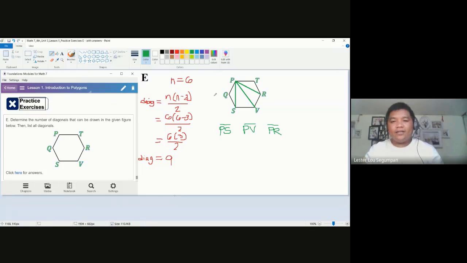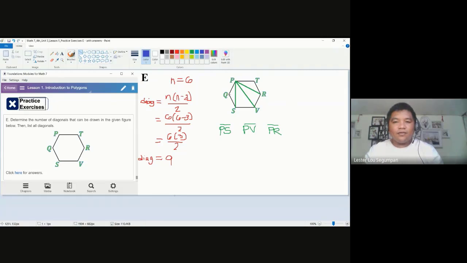The next diagonals should start with another vertex. Take note that we still have 6 more as we only drew 3. So let us start with this vertex here, Q, and connect it with any of the non-consecutive vertices. Vertices S and P are consecutive to vertex Q, so they are exempted.